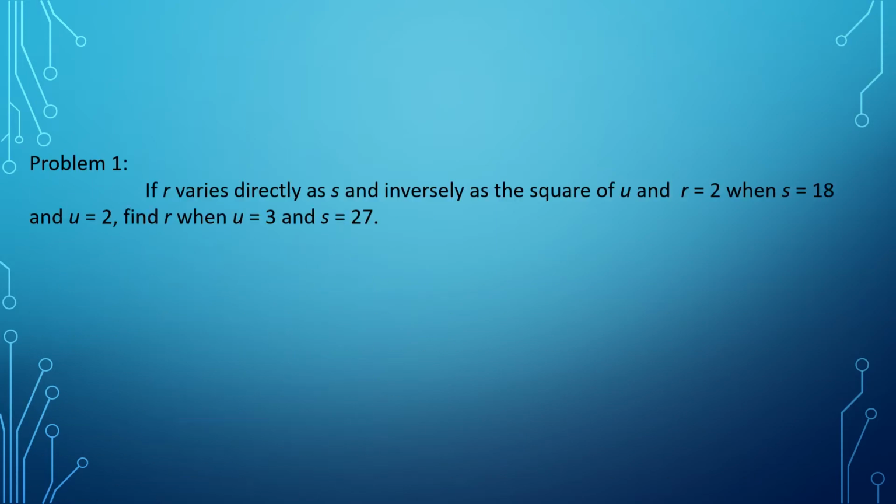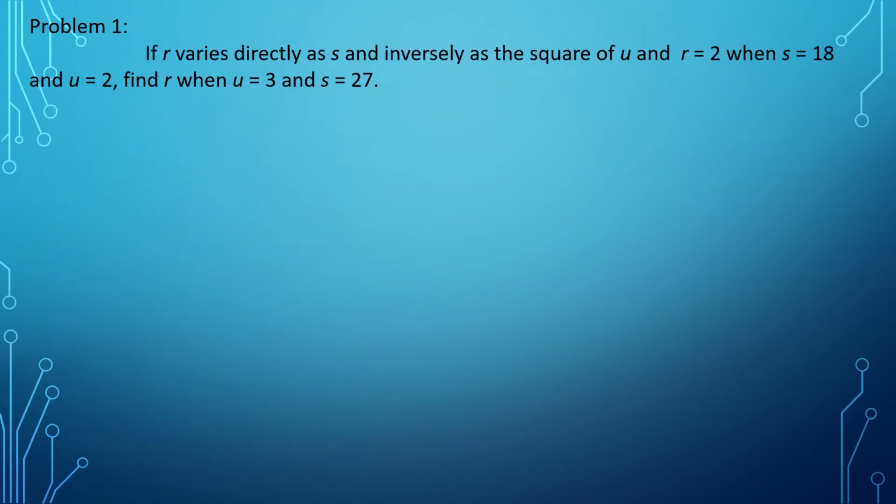Okay, problem number 1. If r varies directly as s and inversely as the square of u, and r equals to 2 when s equals to 18 and u is equals to 2, find r when u is equals to 3 and s equals to 27. Okay, so ma-follow lang yapon ta sa mga steps na gibuhat atong sa mga past variations.